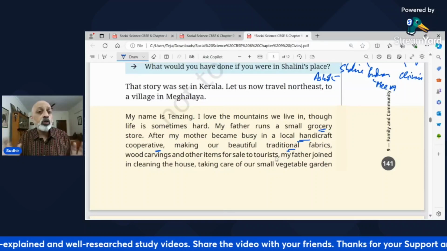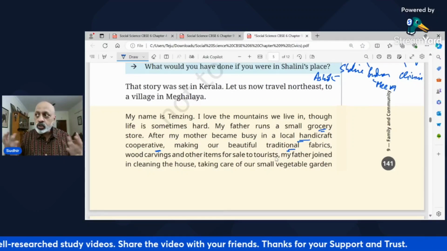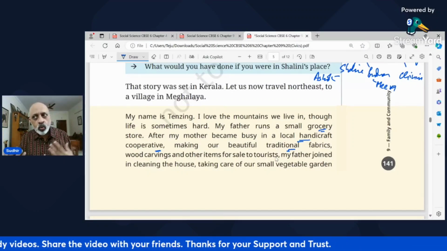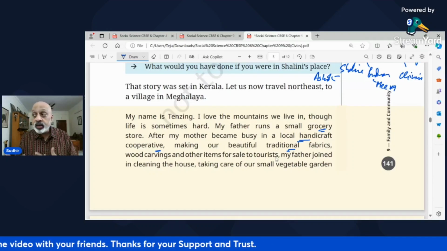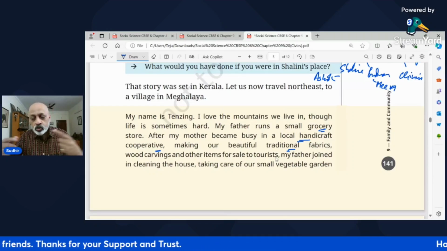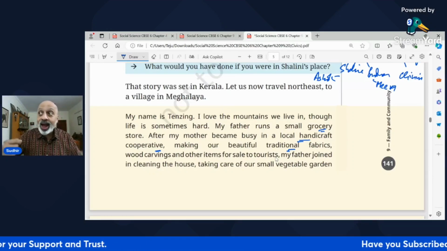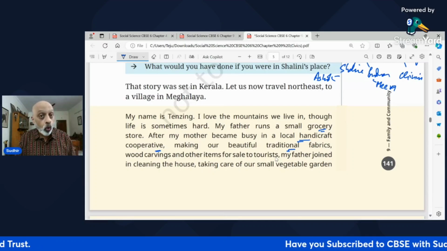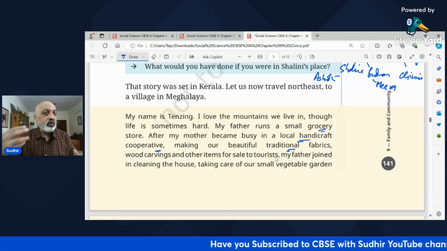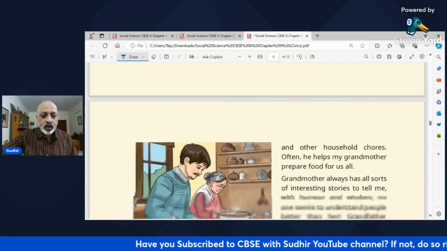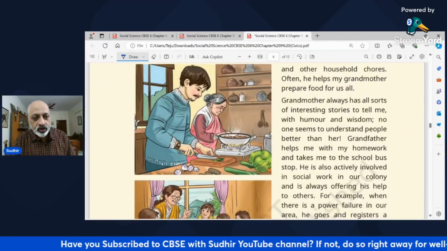Those roles have all changed now, right? There are many men who work from home. They're either homemakers or work from home. So they're able to take care of their work as well as take care of home. So it's an interesting reversal of roles which has happened in many households and families of India.